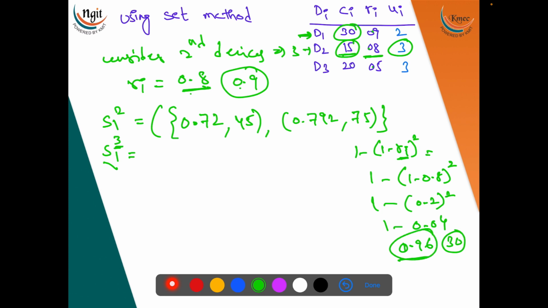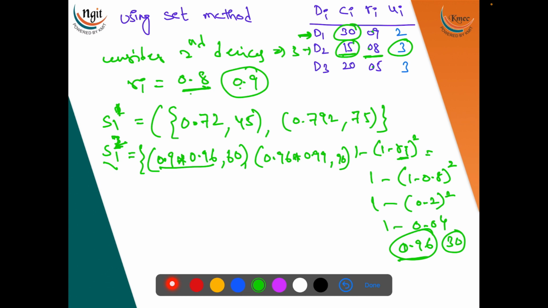Now S1 with 3, one set and this is the second copy. For the second copy I am taking the values 0.9 into 0.96 comma 60, and 0.96 into 0.99 comma 90.